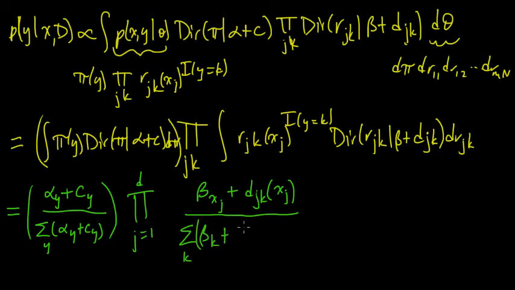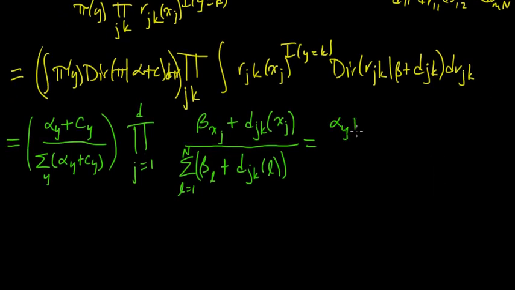Oh, I can't use k again. My goodness, I already used k. Let's say over all l from 1 to n, beta_l plus d_jk of l. And let's just rewrite the denominators, pretty it up a little bit.